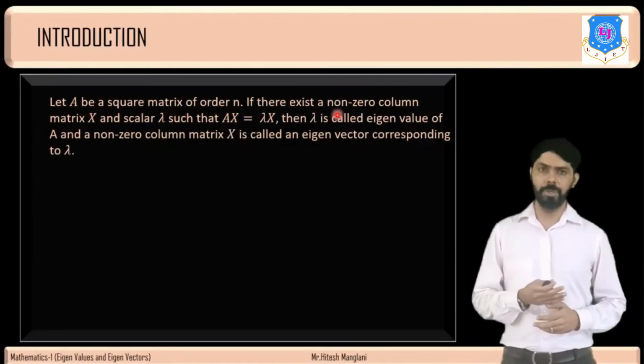If there exists a non-zero column matrix capital X and scalar lambda such that A into capital X is equal to lambda into capital X, then lambda is called eigenvalue of capital A, and a non-zero column matrix capital X is called an eigenvector corresponding to lambda.